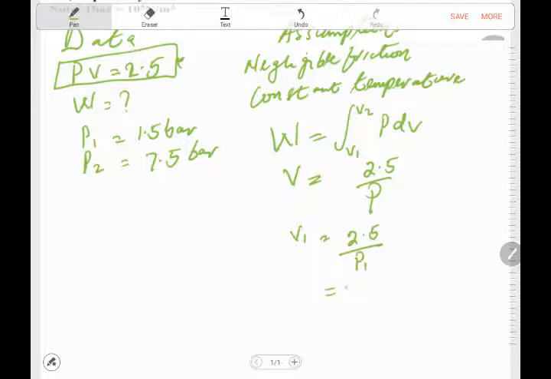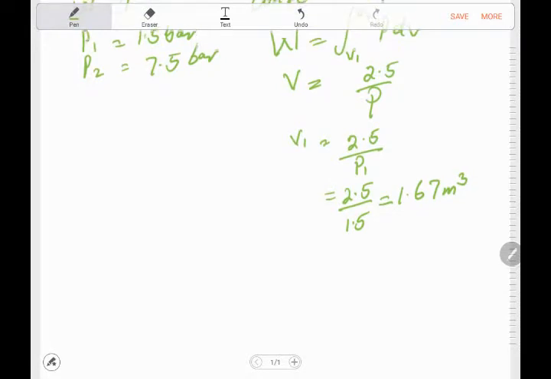What is our P1? It is 1.5. And 2.5 over 1.5 gives us 1.67 meter cube. This is V1.